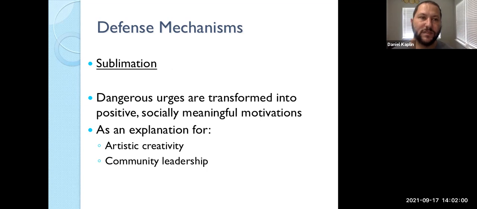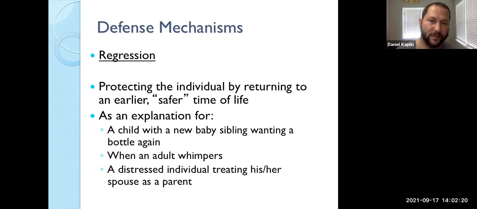Sublimation is when there's some really distressing experience you're facing. Instead of dealing with it, you channel all your energy into something productive, like writing or work. People who are workaholics might be sublimating sometimes.